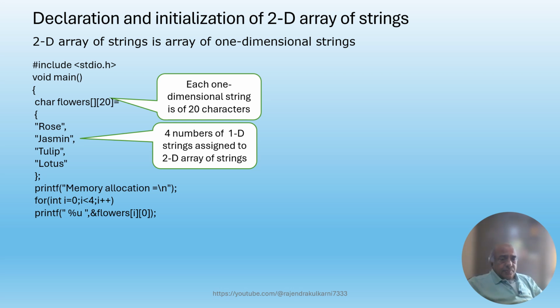So when i is 0, flowers[0][0] gives the address of the 0th element of the 2D string, which is rose in this case. As i increments to 1, we get the next string. The second subscript will always remain 0.